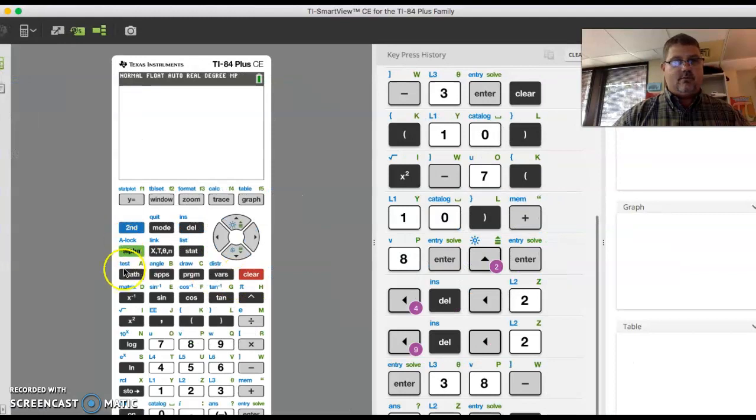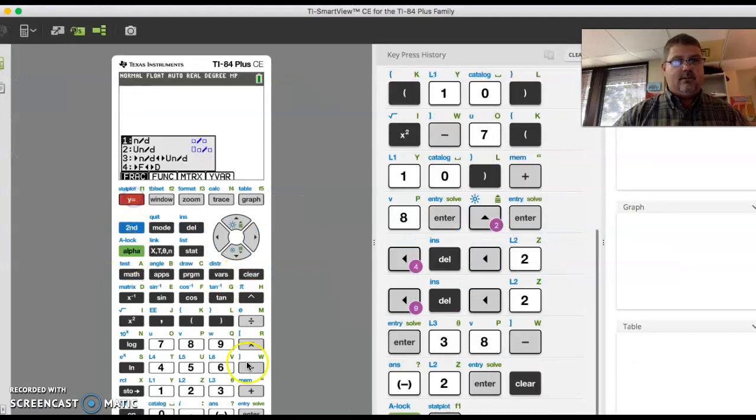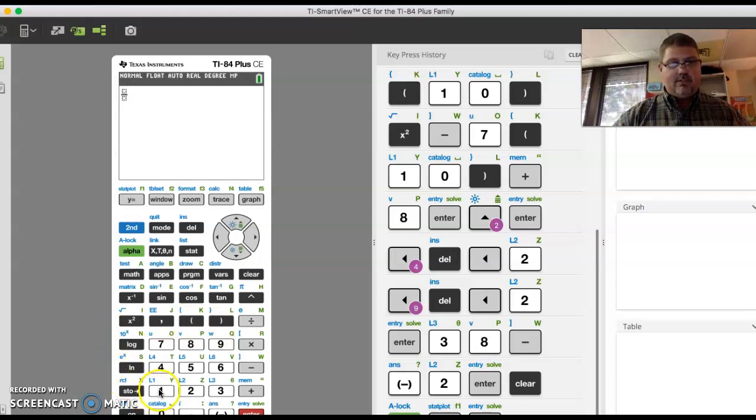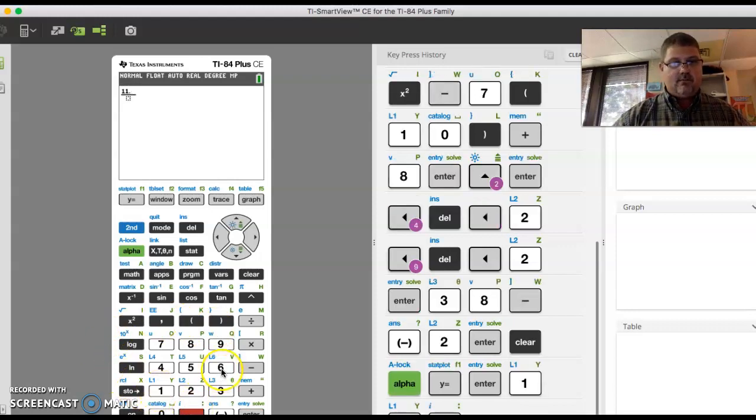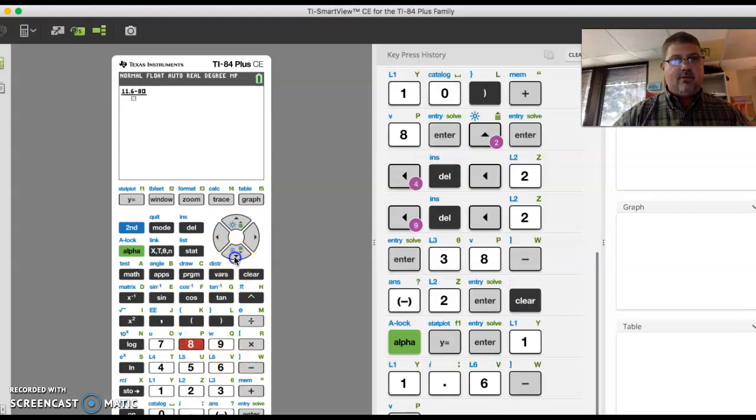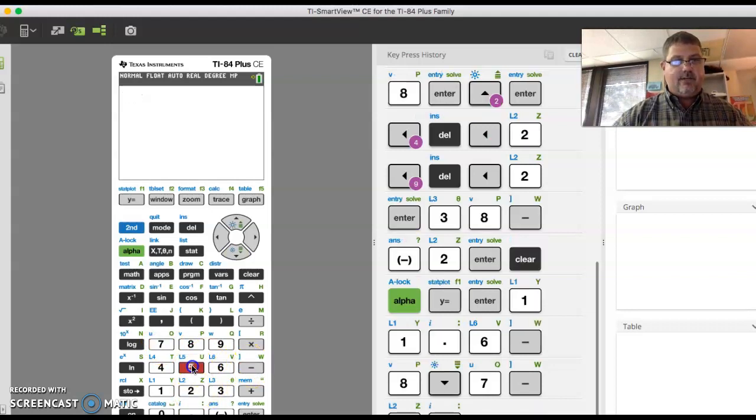So we'll go in here and get us a template. Make sure we're careful with our fractions. And we want 11.6 minus 8. Right now, I'm computing a slope, right? Over 7 minus 2.5. And I get, so that's our rate.